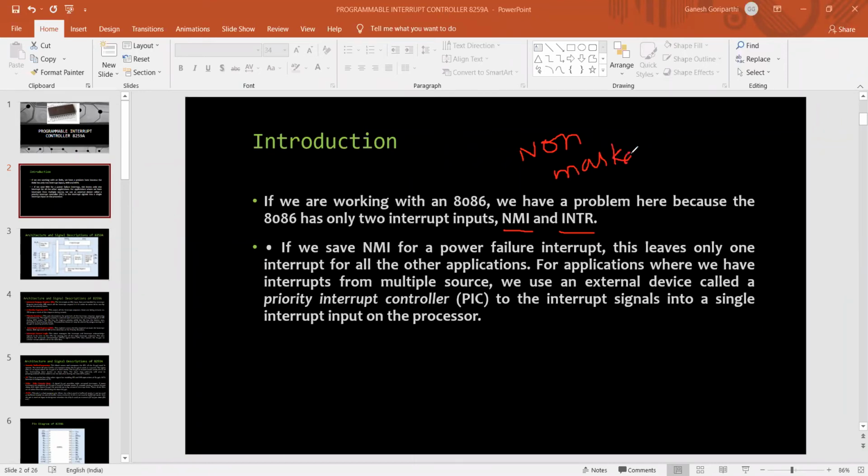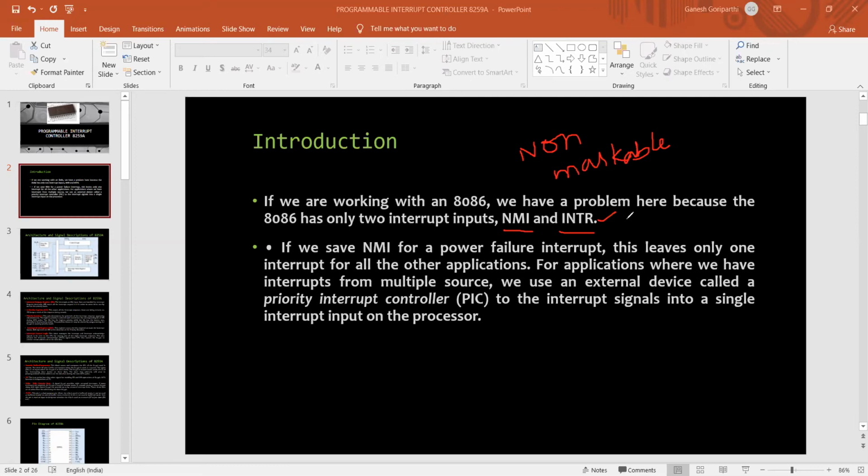Let me write this. Non-maskable interrupt. And the second one is INTR. INTR is nothing but interrupt request. Okay, so these are the two signals that actually carry the interrupt signals to 8086.